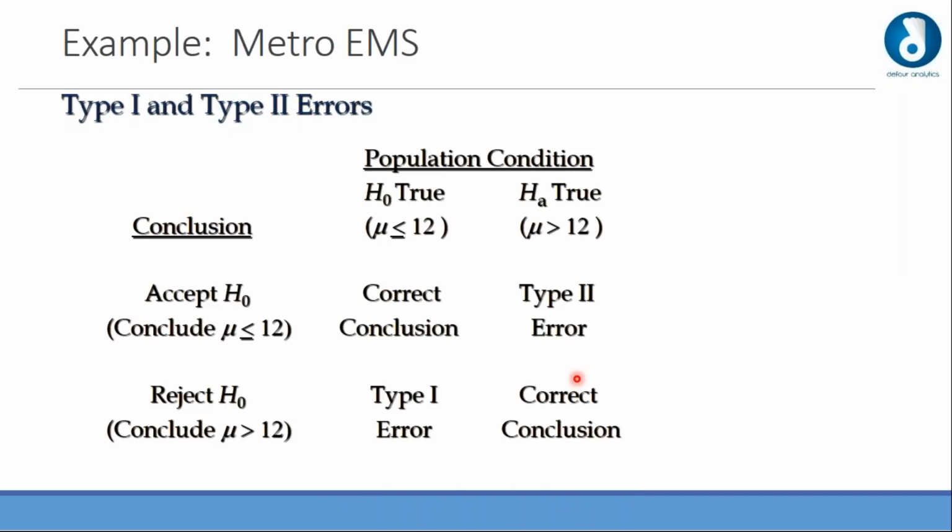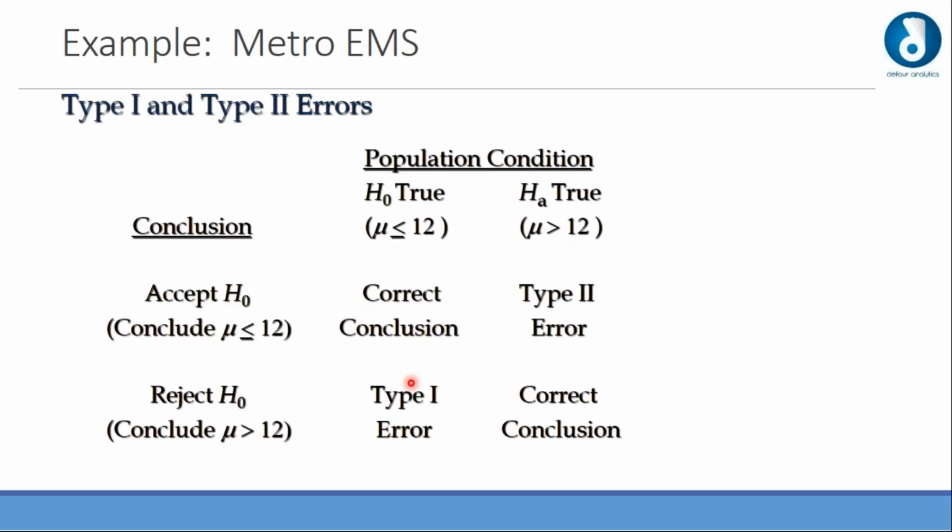Let's see, our null hypothesis is that mu, our time, is less than 12 minutes, and it is actually correct. If we accept the null hypothesis, that is true, so there is no error.